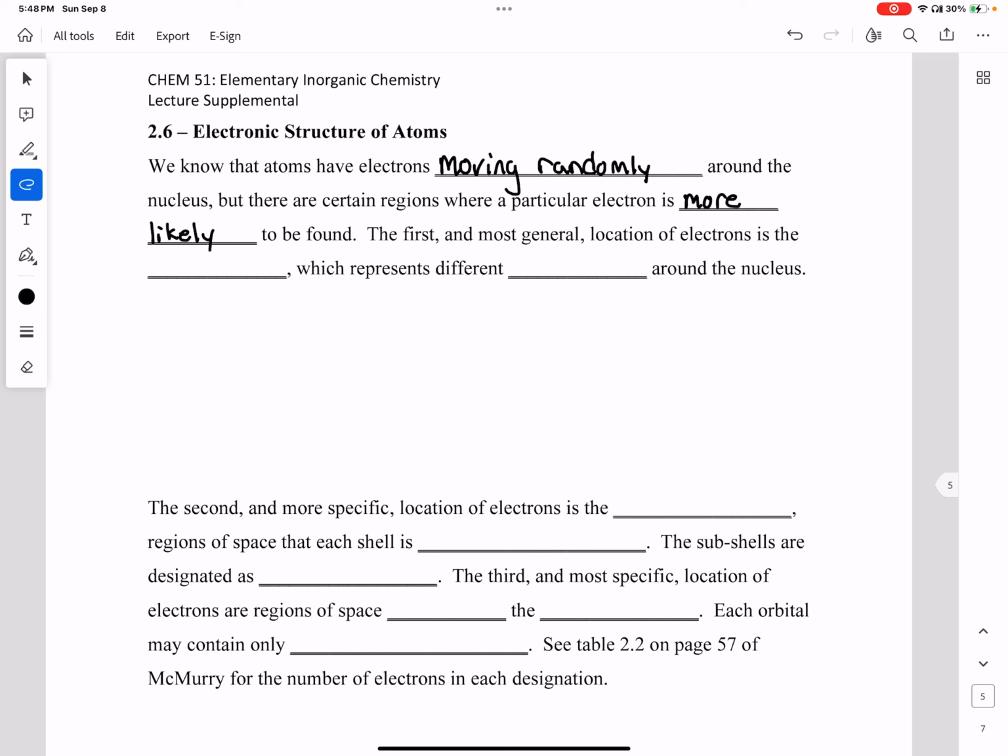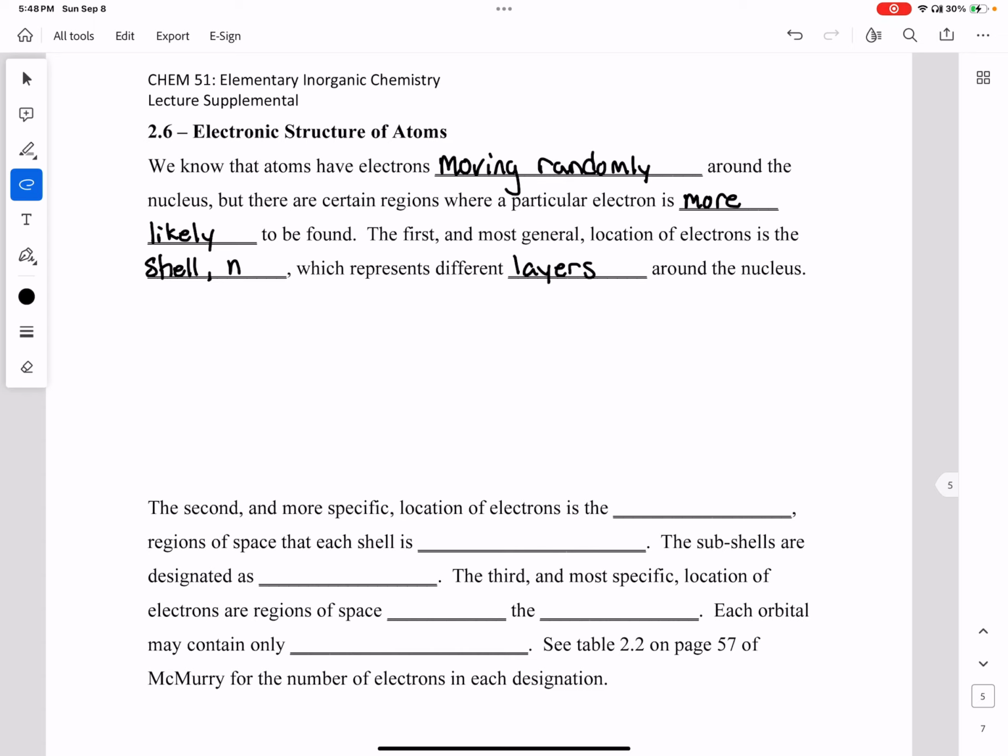And we can describe those with varying levels of specificity. So the first and most general location of electrons is called the shell. And that is symbolized with the letter N. And the shell, the letter N, represents different layers of electrons around the nucleus.